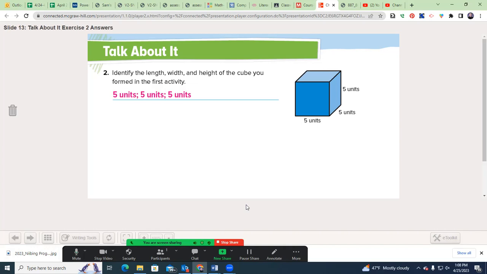And they didn't tell us whether those were meters or inches or millimeters. So we're just going to use the generic units. What do you notice about the length, width, and height of the cube? Well, hopefully you noticed that they're all congruent. That's the key part for a cube.